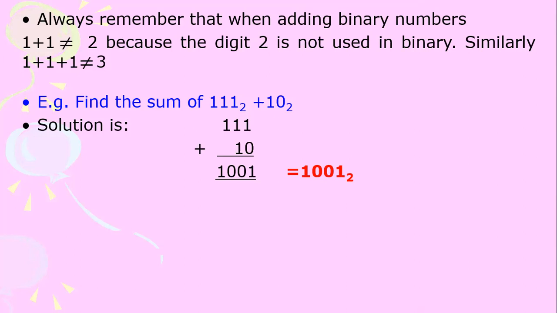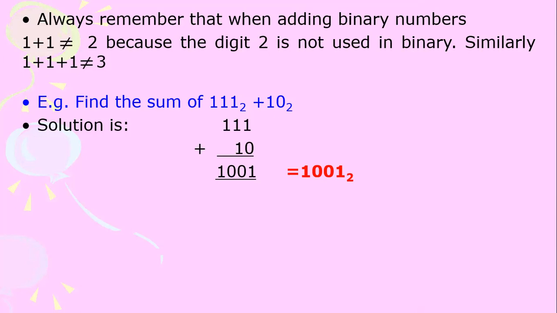Why do we get this? On the least significant side of 1, 1, 1, we have digit 1. While for 1, 0, we have digit 0. So 1 plus 0, which are our least significant bits or digits, we get 1.